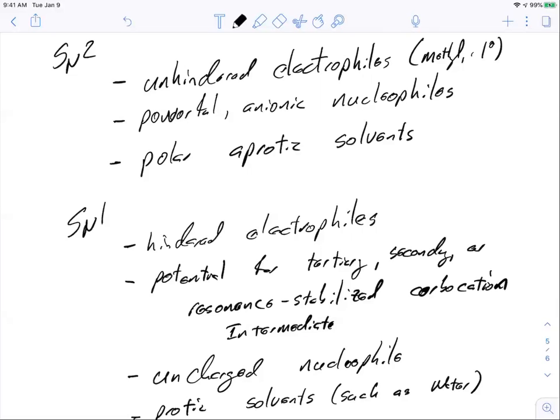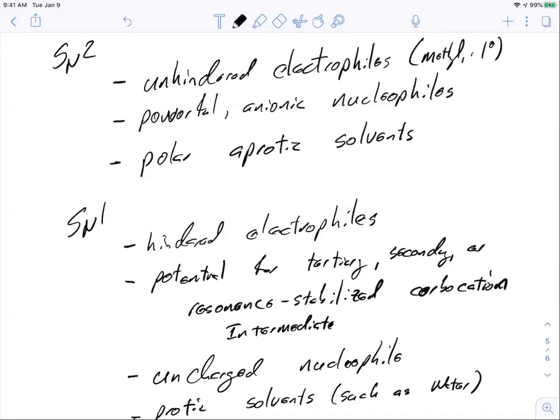So you also have some things. Whenever you're getting a question asking whether something's going through SN1 or SN2, or asking you to predict stereochemistry, what you need to be thinking about is: is this an SN1 or SN2? They don't always directly ask whether it's SN1 or SN2; they say predict the stereochemistry. The thing you have to say is: is this an SN1 or SN2?